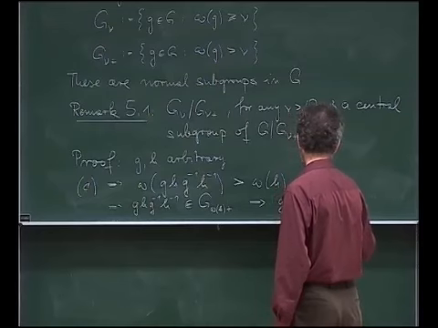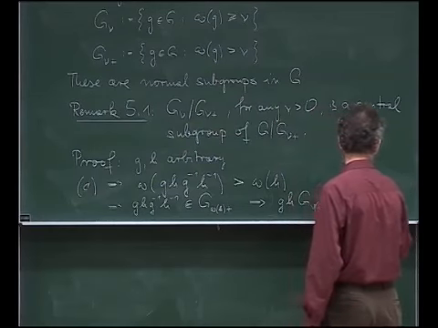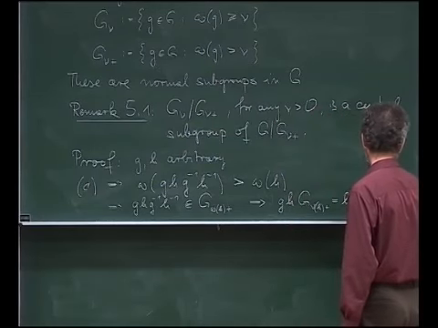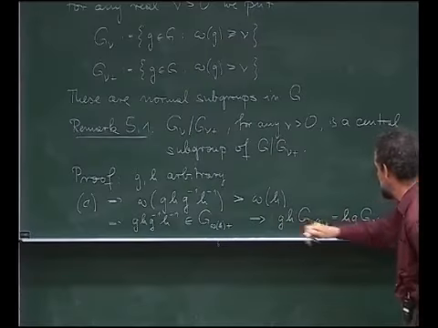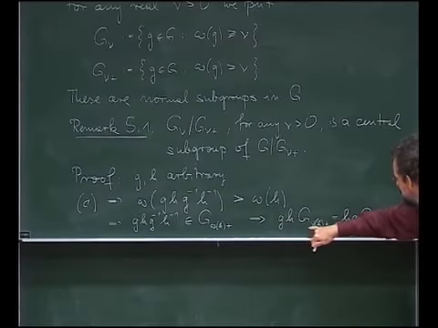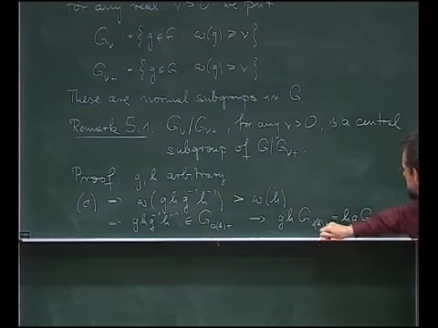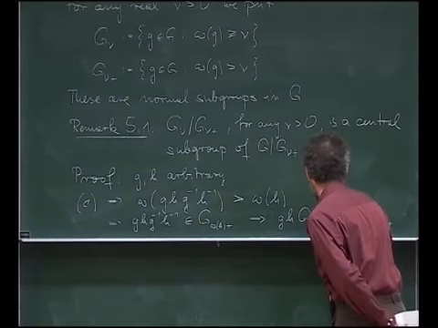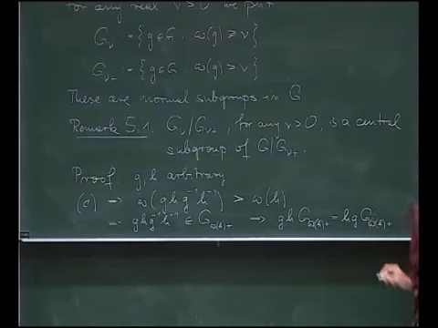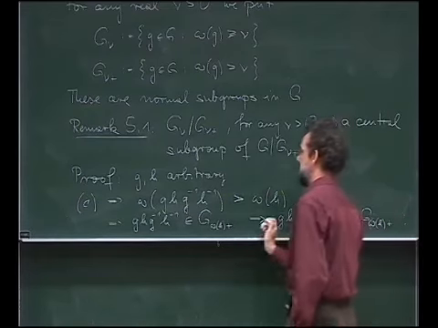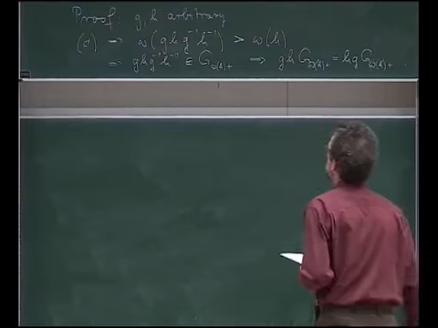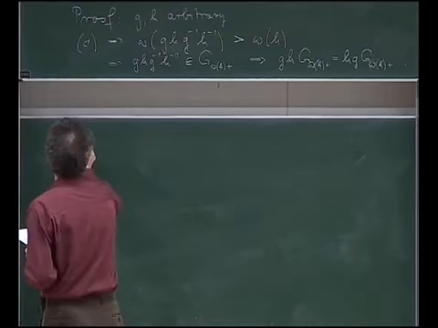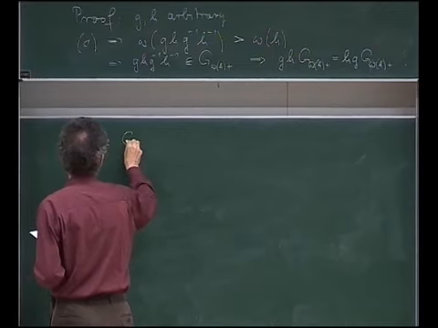And so by bringing this on the other side and using that this is a normal subgroup, I get that gh G nu h plus is equal to hg G nu h plus. You see in this identity there is no requirement on g, but of course there is one on h. The h has to be such that omega of it is the nu, so it has to lie in G nu. Okay, so this is a simple but rather important fact.